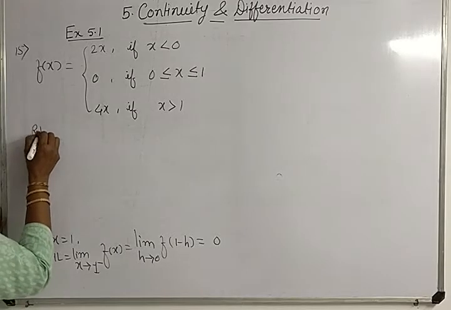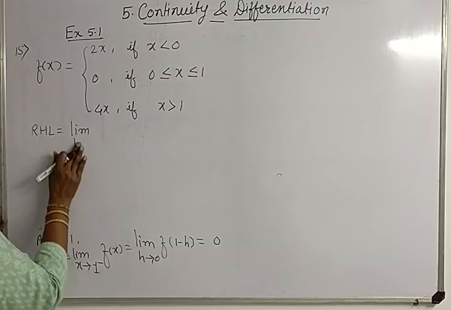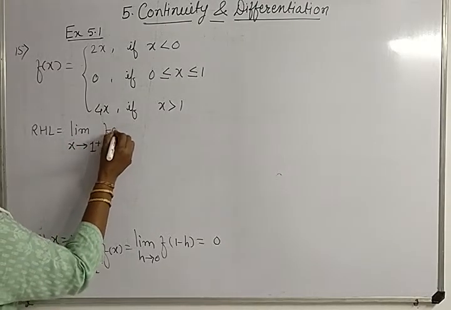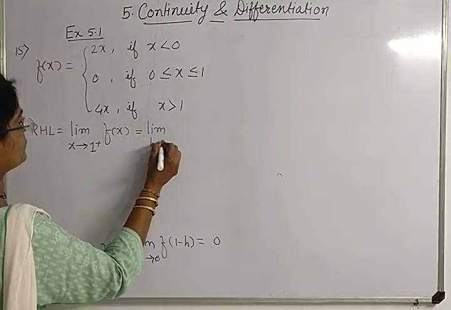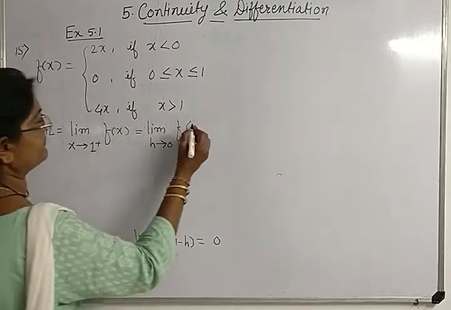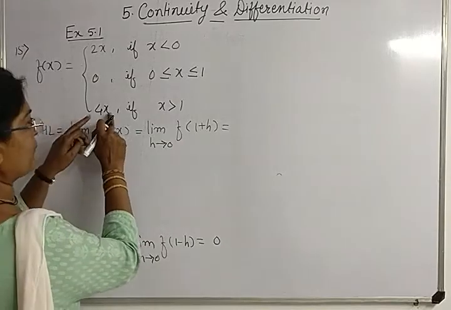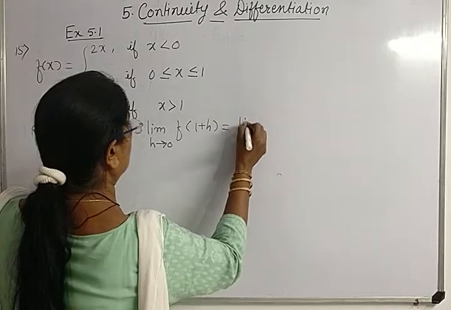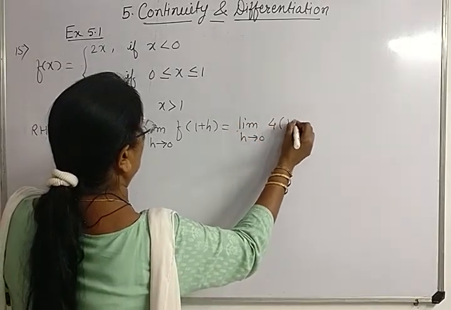Right hand limit equal to limit as x tends to 1 positive of f of x, this equal to limit as h tends to 0 of f of 1 plus h. For 1 plus h the function is this, in this we will put the value of x as 1 plus h, that is limit as h tends to 0 of 4 into bracket 1 plus h.